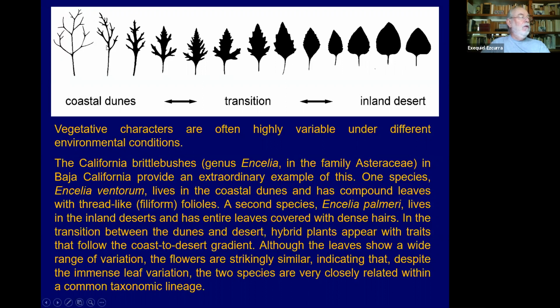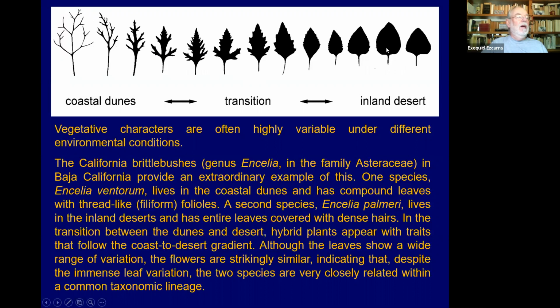But in the area where the two species coexist or encounter each other, you get a whole gradient of hybrids according to the place where they're growing, which is the transitional area that has leaves that look intermediate between Ventorum and Encelia palmeri, the one in the desert.